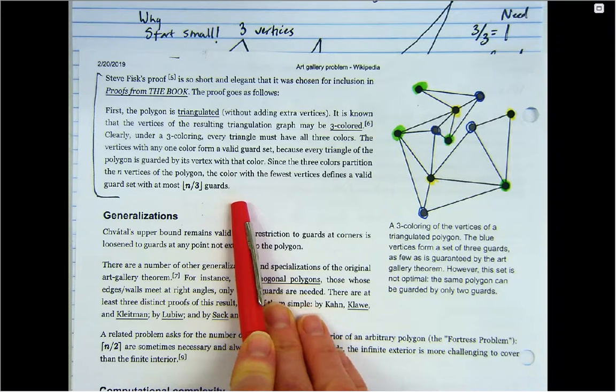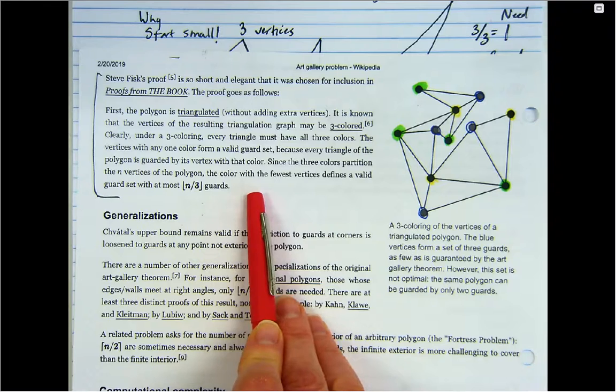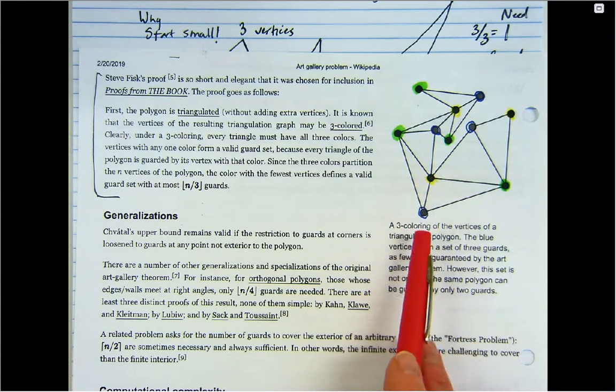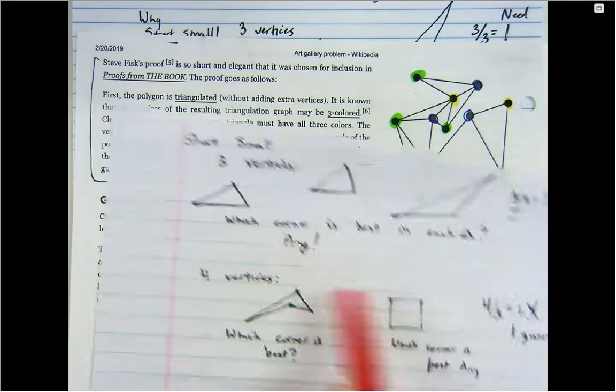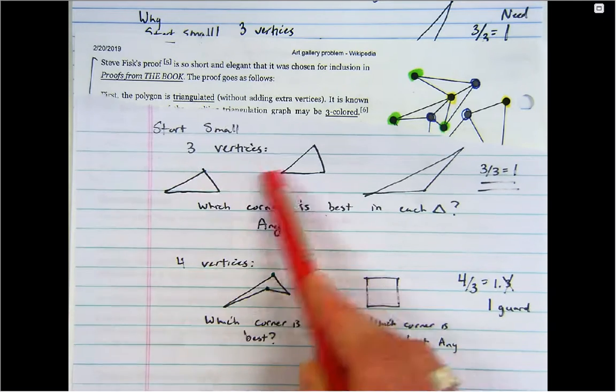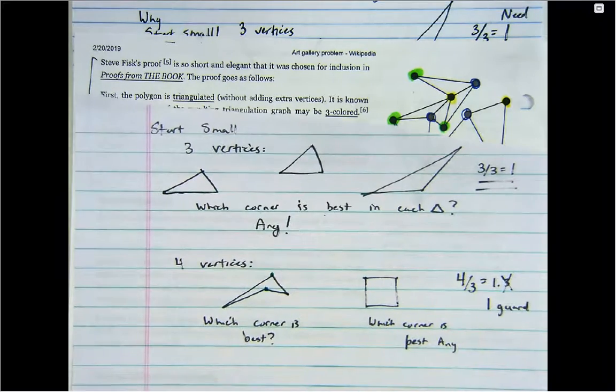So like many proofs, once someone thinks of the idea, it's beautiful and elegant, and you're like, oh, of course. So let's understand better what he's doing, okay? So he's dividing any polygon into triangles because he realized, like we discussed, that any of the triangles can have a guard at any corner and see the entire triangle.